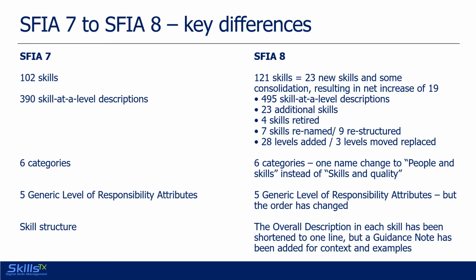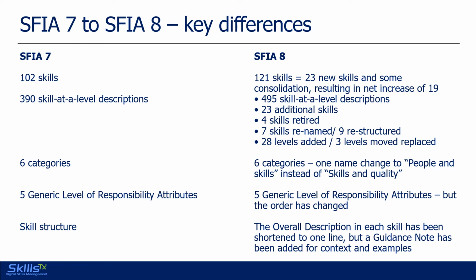The skill structure has also changed slightly. The overall description of each skill in SFIA 7 was quite wordy in a number of cases, and therefore quite difficult to read as a summary of that skill. So readability has been a key theme in SFIA 8. We've shortened all the overall descriptions to just one line of text.